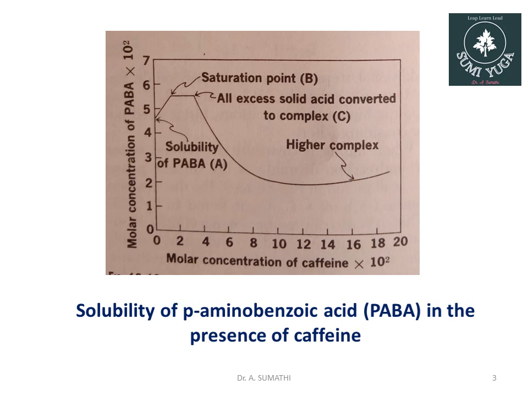Finally, after a decrease in the curve, there is again a slight increase, which is owed to higher complex formation. This is what happens when we treat PABA with caffeine.